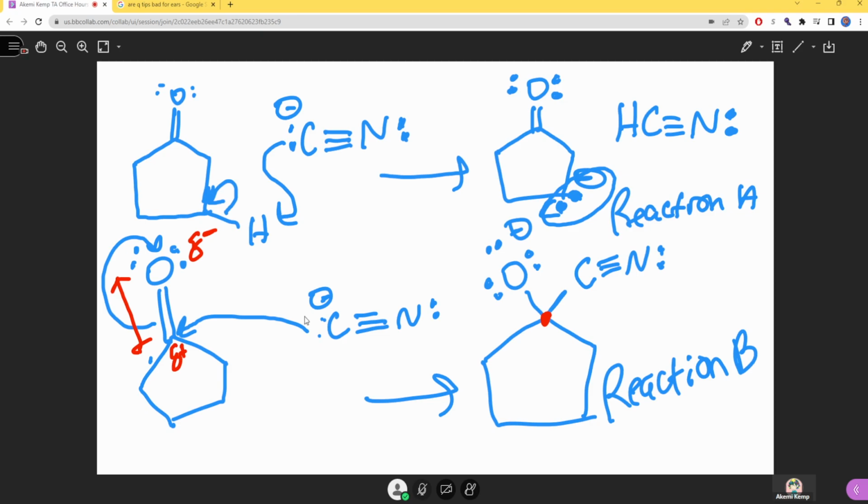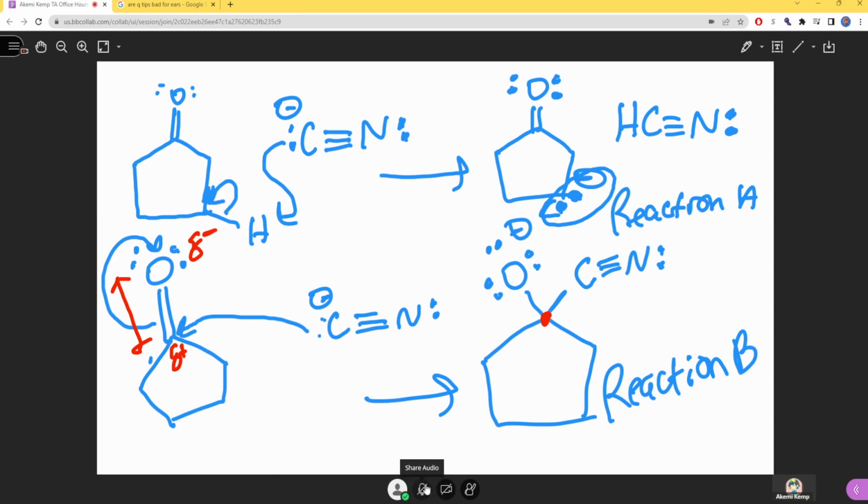So it is definitely endothermic. You went from a stable molecule to an even more unstable one because of those lone pairs. So A, B, true.